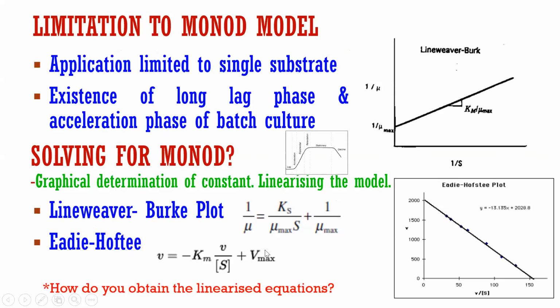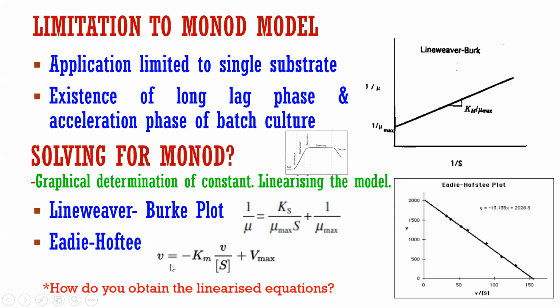If you draw a curve of y, which is 1 over mu, as a function of 1 over S, the slope will be equal to Ks divided by mu max, while the y-intercept will be equal to 1 over mu max.